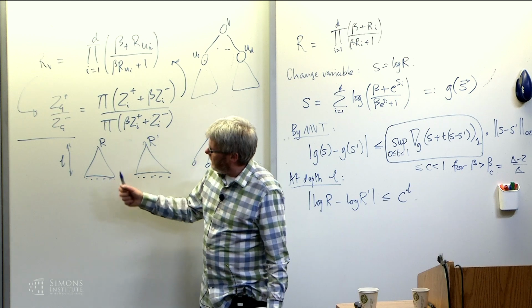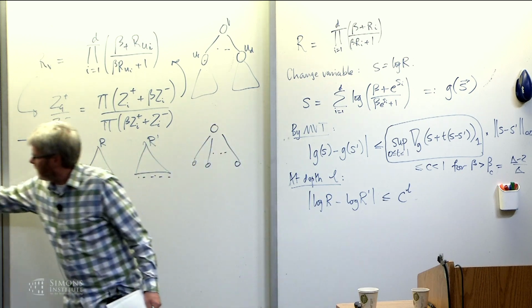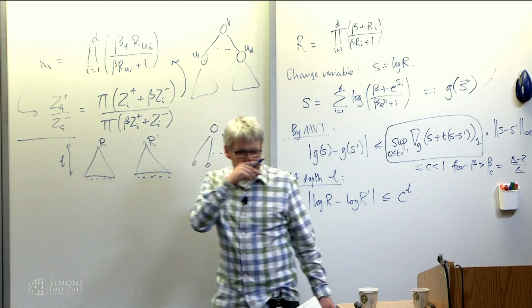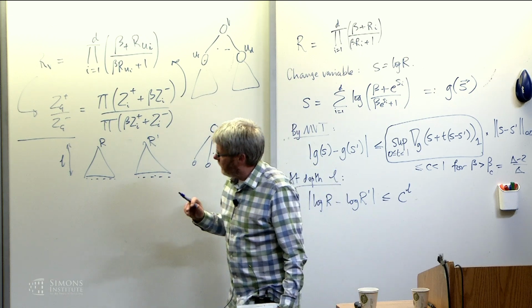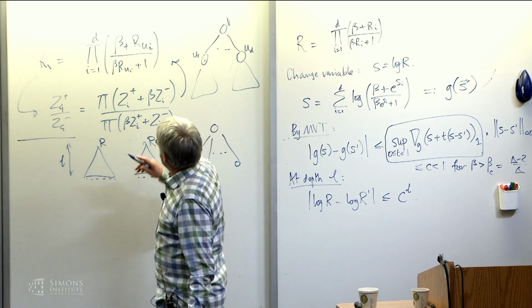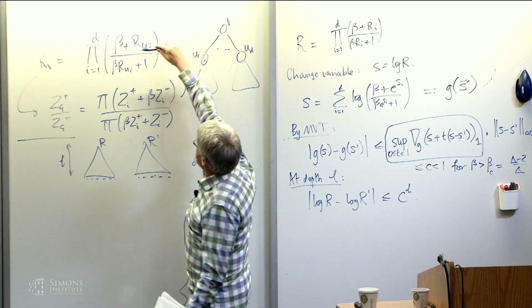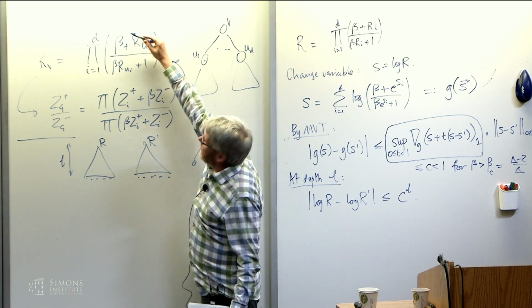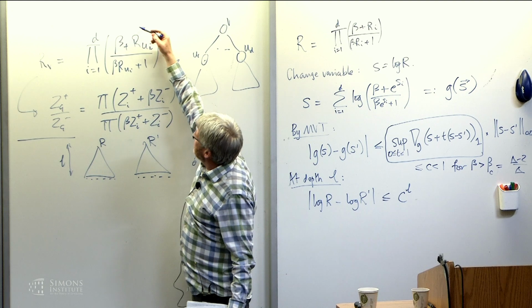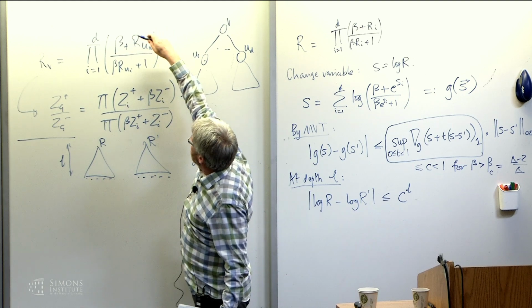So it seems that it could be infinitely large, because when you have a plus or a minus boundary condition, the ratio is infinite or 0. But this recurrence maps infinity to 1 over beta and 0 to beta.